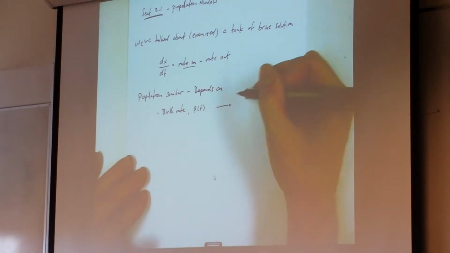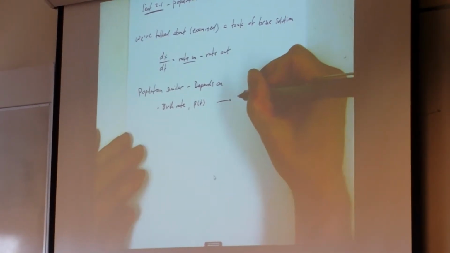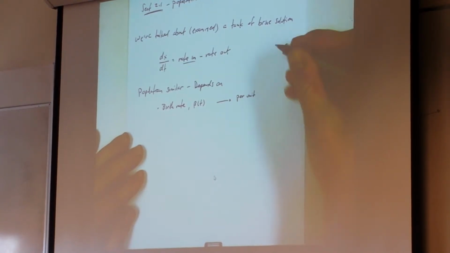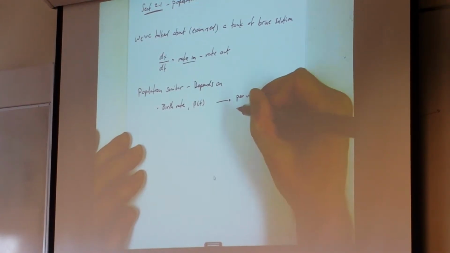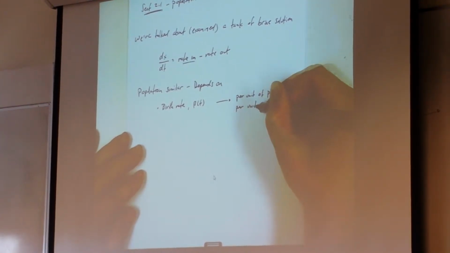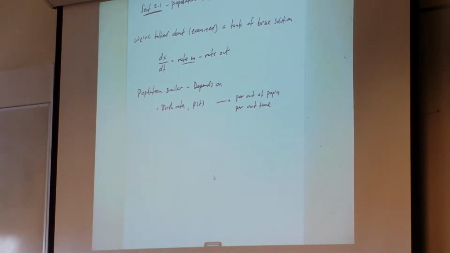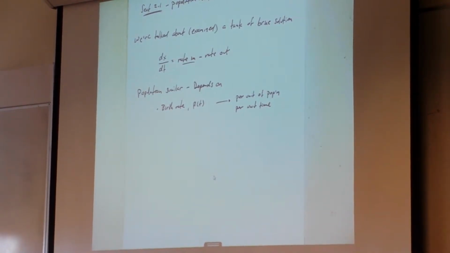And usually this would be measured per unit of population, so per individual, per time. So it could be per person per year. So oftentimes they talk about a birth rate as, for example, 0.08 births per person per year, something like that. Okay?